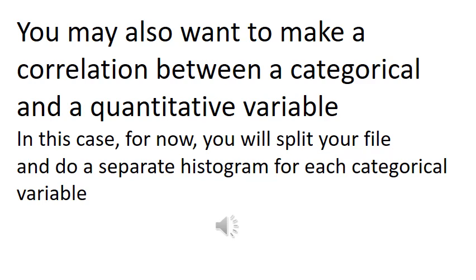So if you want to correlate a quantitative variable and a categorical variable, you will split your file according to your categorical variable. You will separate males and females, or you will separate drug users and non-drug users, or you will separate those who work out or not.